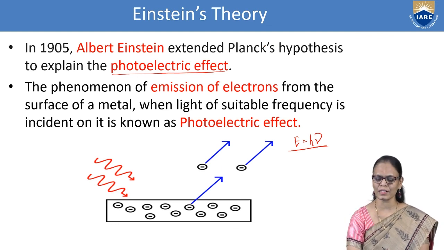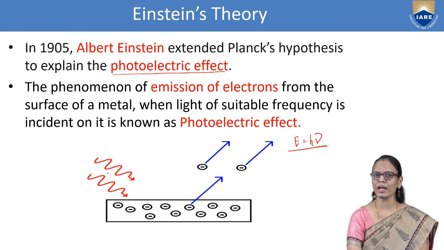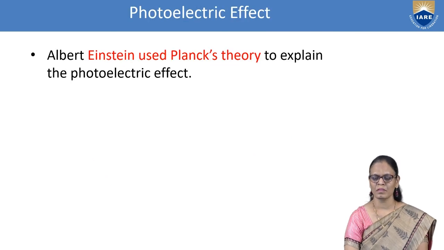He talked in terms of photons, because whenever there is an interaction of radiation with matter, you will have to consider the discrete, or particle, nature of light. So he used Planck's theory to explain the photoelectric effect.